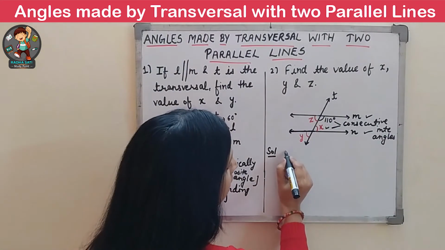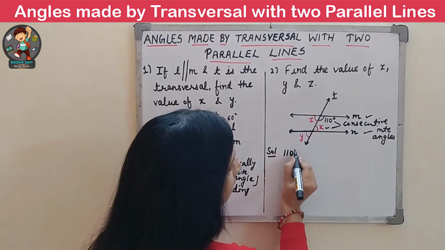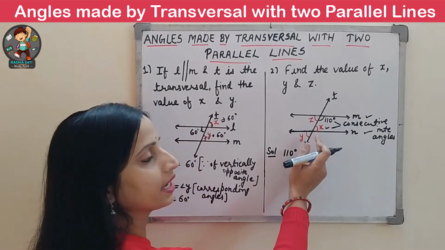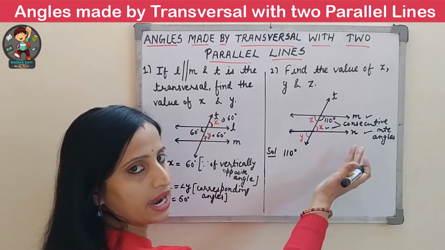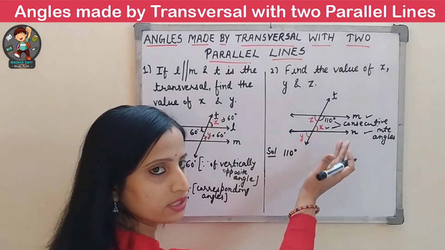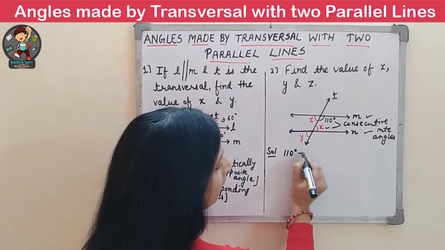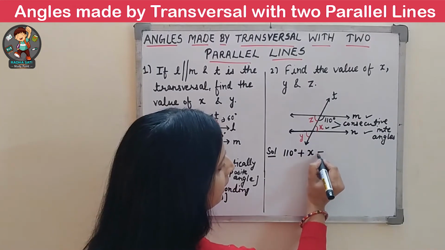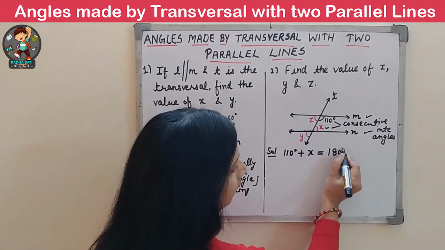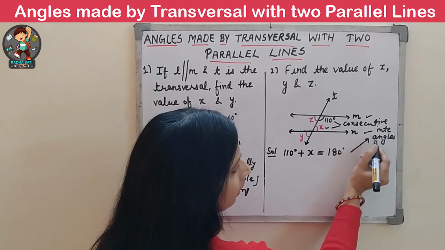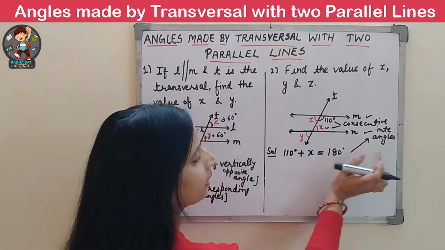In other words, the sum of interior angles formed on the same side of the transversal is 180 degrees. So 110 degrees plus X will be equal to 180 degrees, because they are consecutive interior angles.